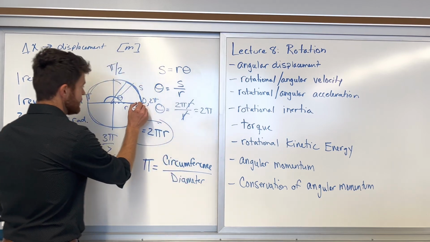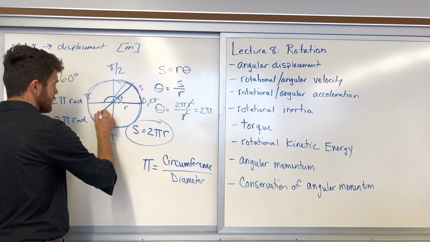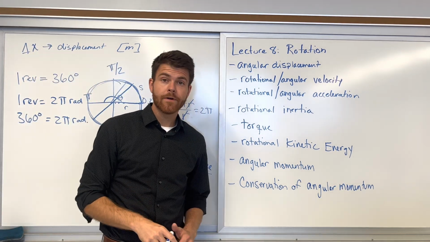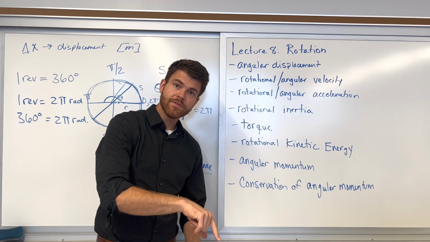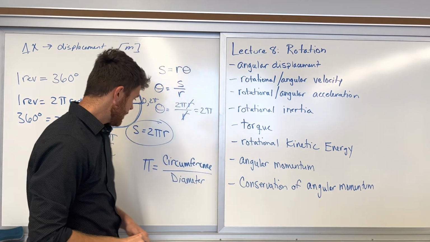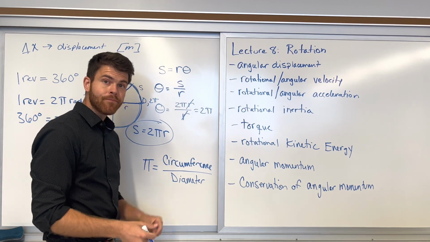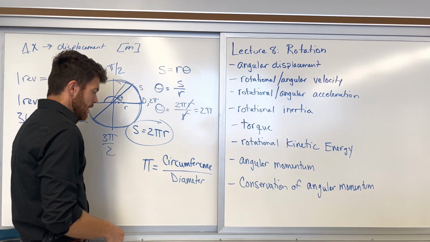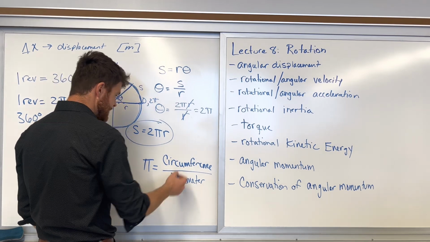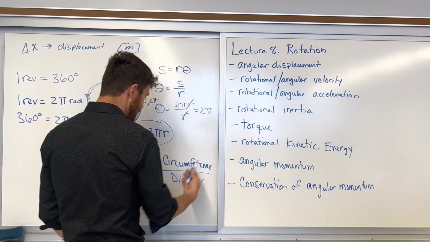So the circumference is the distance around the circle, and the diameter is the length across the circle. So for any circle in the universe, if you measure its circumference and its diameter, and you find the ratio between them, you will get the same number, and that's pi. Right? And so this is how we get the definition of circumference, right?